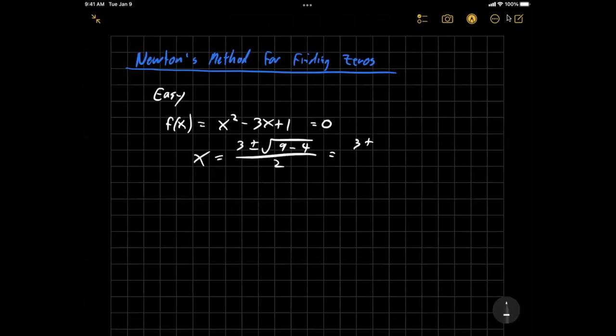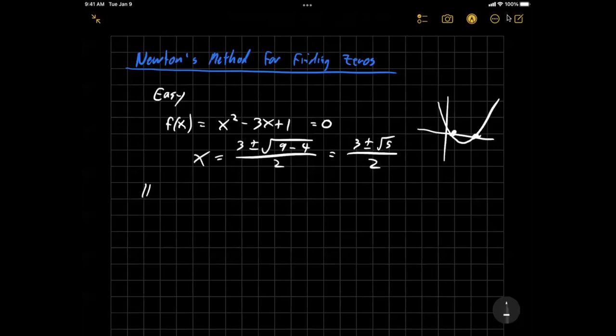And so the answer would be 3 plus the square root of 5, or 3 minus the square root of 5, over 2. That would give you two zeros, because that's a parabola that would intersect the x-axis twice. I believe it goes this way, and it's going to have two different zeros. Well, I believe one of those zeros is actually negative, unlike the picture I just drew.